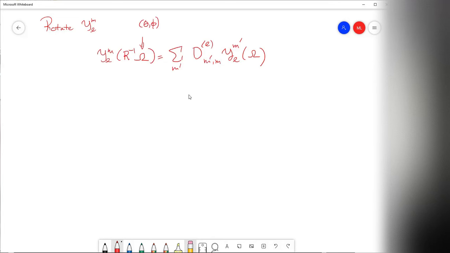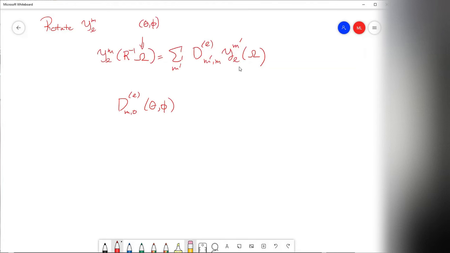And you can actually connect the Wigner D matrices to the spherical harmonics themselves. So the D^L_{m0} as a function of the coordinates. Remember, these are the matrix elements of the exponentiated angular momentum.